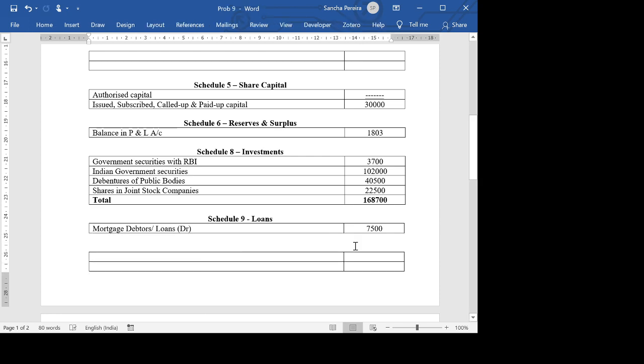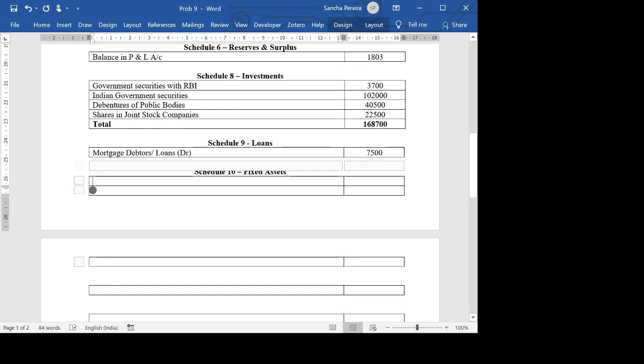Then we have schedule 10, which is fixed assets. And under this, we have two items. There is no depreciation. We just have the assets, furniture and fixtures, which is 3,800.